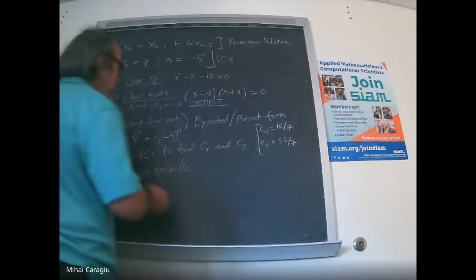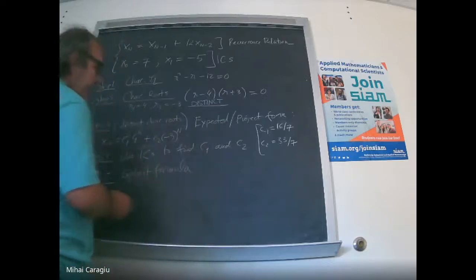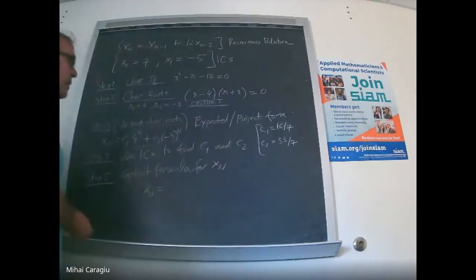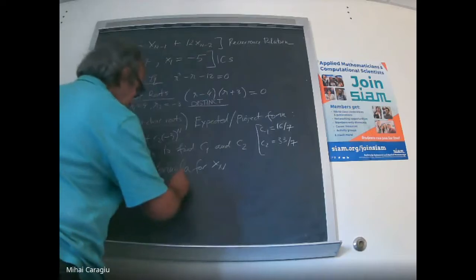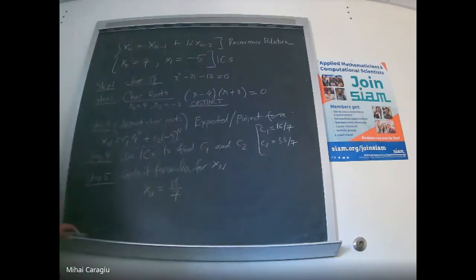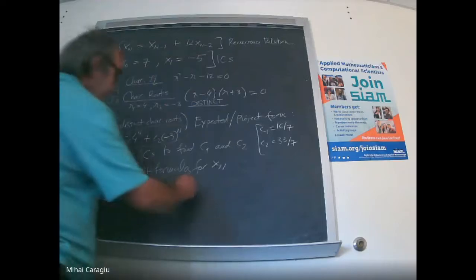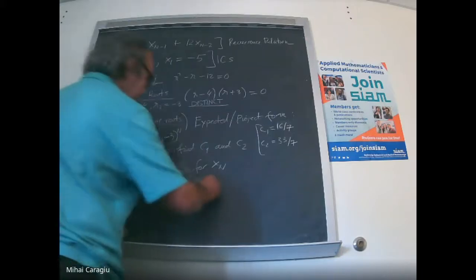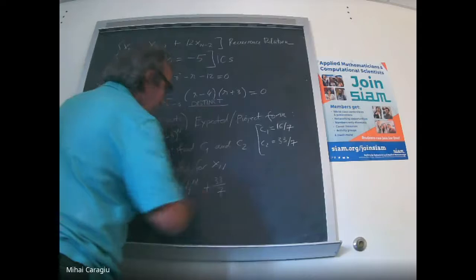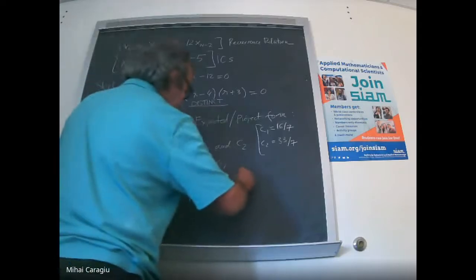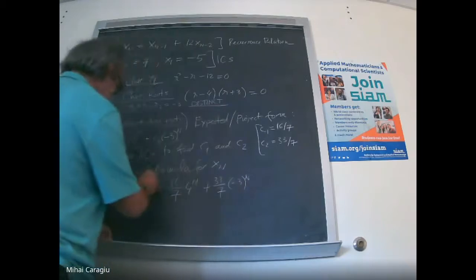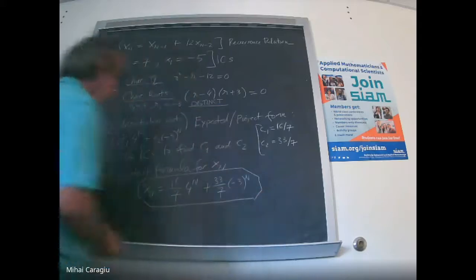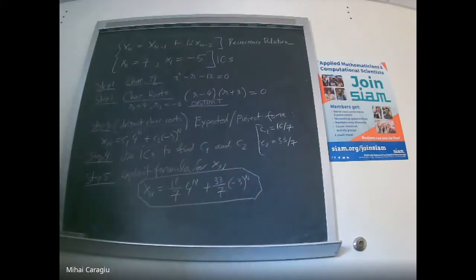The explicit formula for the linear homogeneous constant coefficients recurrent sequence is xn equals C1, which was 16 over 7, times 4 to the power n, plus 33 over 7 times minus 3 to the power n. So this will be the explicit formula for this sequence.